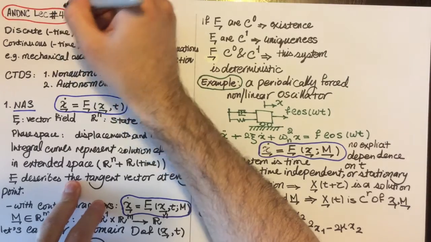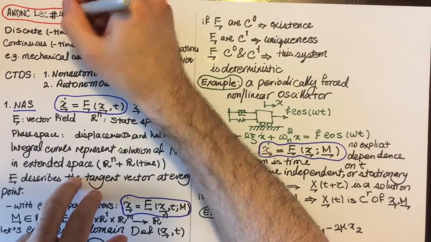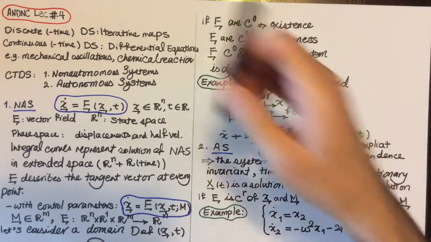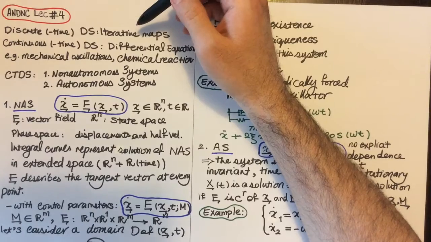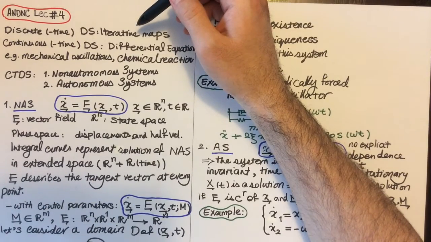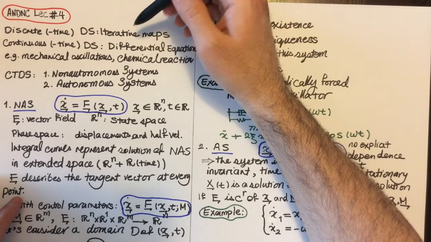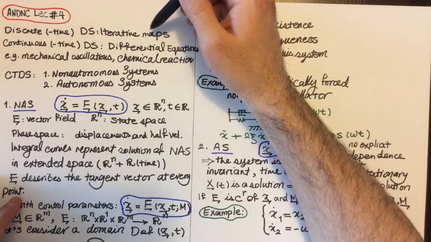So this is lecture 4 in Applied Nonlinear Dynamics and Nonlinear Control. We're still going through the basics of Applied Nonlinear Dynamics. We have talked about discrete systems or maps, and these systems are essentially described using maps.